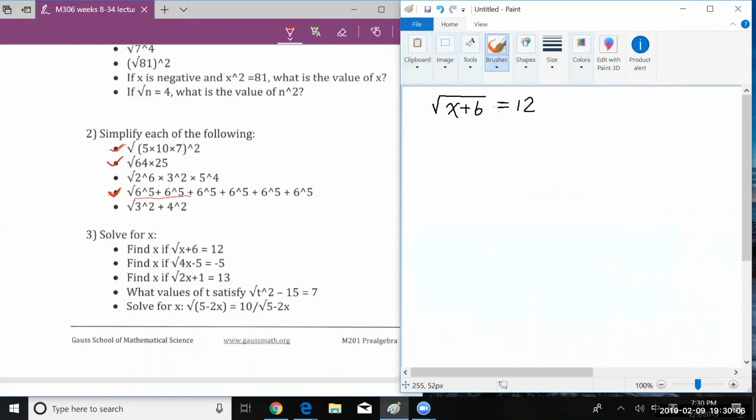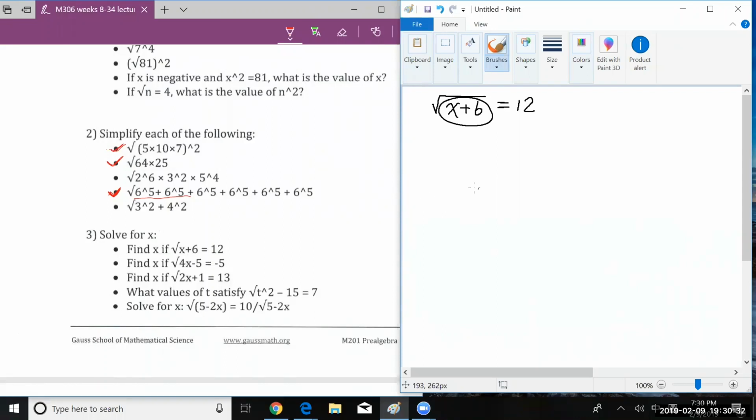It should be 5, but if you separate it, it's 7. Now let's look at this one. First problem, the square root of x plus 6 is 12. What is x? Can we look at x plus 6 as one item?